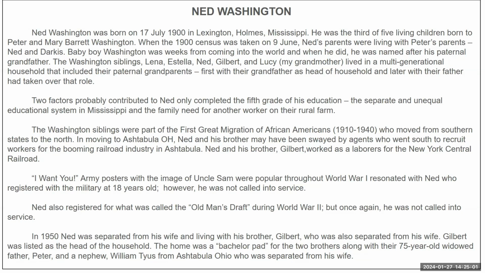And unfortunately, with names like Ned Washington and Peter Washington, it's hard to find them unless you know the family unit. And that's why I started in 1910 looking for Uncle Ned and going forward instead of going backward, because I knew in 1950 he was in Chicago, or at least I thought he was in Chicago.